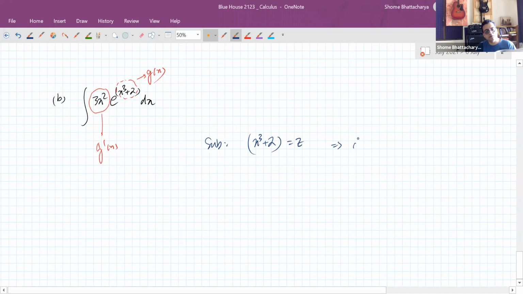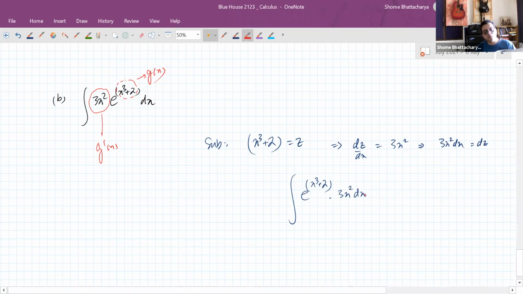Okay. So that way you can now see that you substitute that g x term, x square plus 2, as z. So dz by dx is 3x square. So 3x square into dx becomes dz. Okay. So this integral we can write like this, into 3x squared dx.